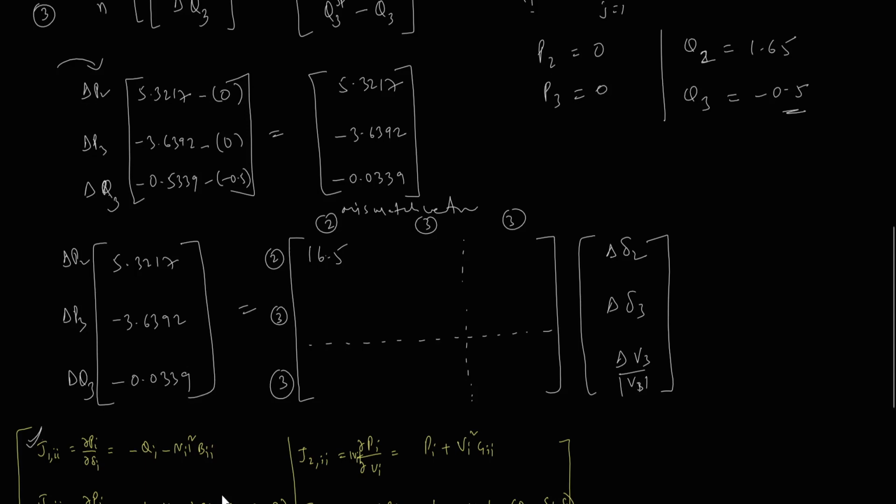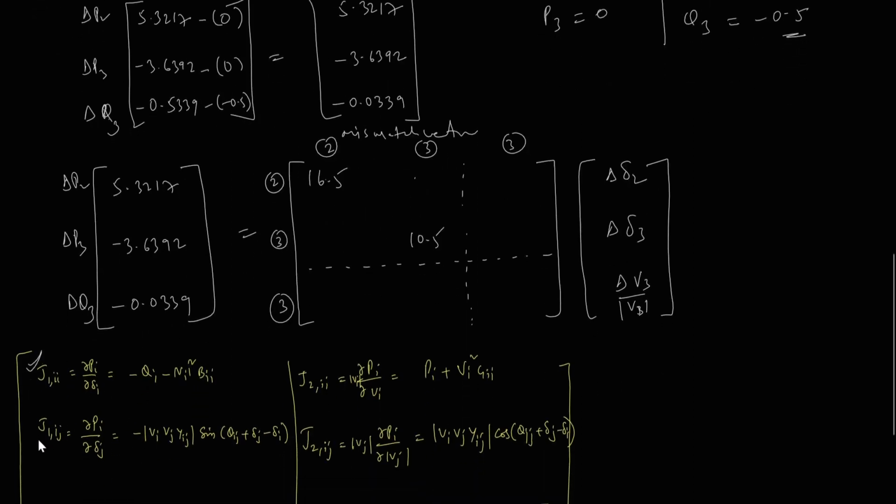Now to evaluate these two entries, J1 of 2 3 and 3 2, where i and j are different, I have to use the off diagonal element equation. This element and this element should be computed by using this off diagonal equation.